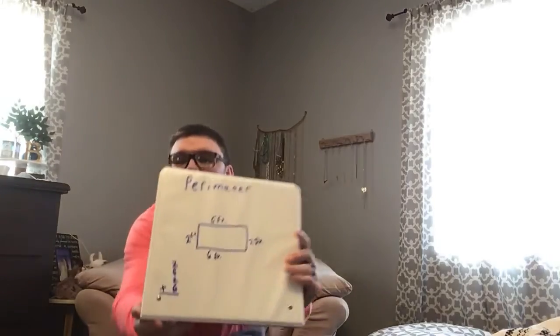I'll show you both ways. So the first way I might just stack it, 2, 6, 2, 6, draw my line, use my plus sign, something like that right there, and I might add 6 plus 2 is 8, 9, 10, 10 plus 6, 16.